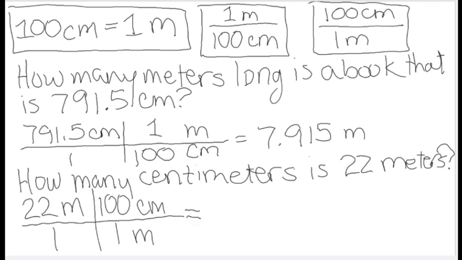So this time in my calculator, I'm multiplying. So 22 times 100 is going to give me 2,200 centimeters. Make sure you don't add a decimal point in there because we need to have two significant figures from our given in our answer.